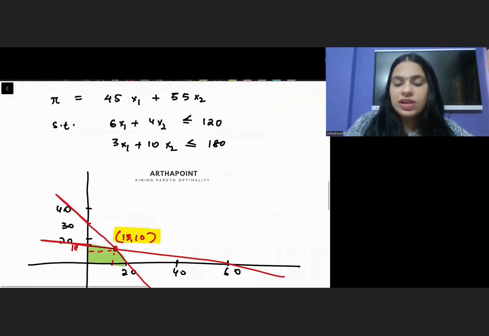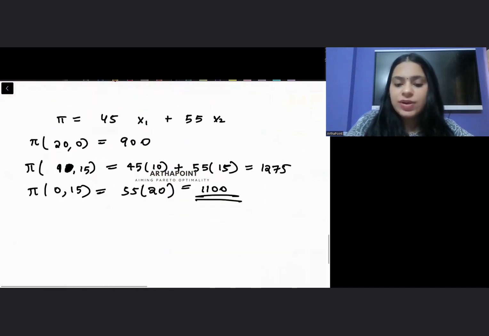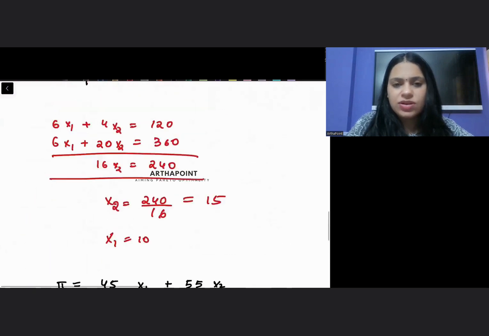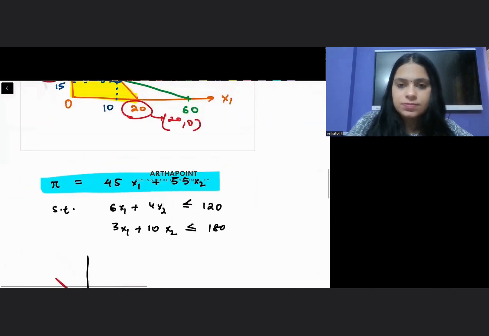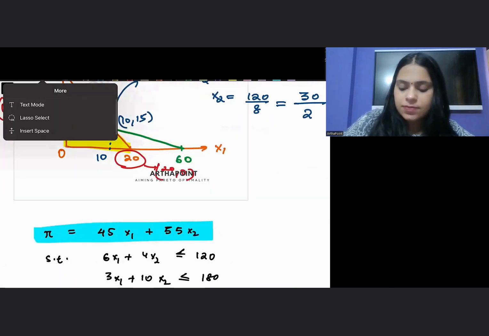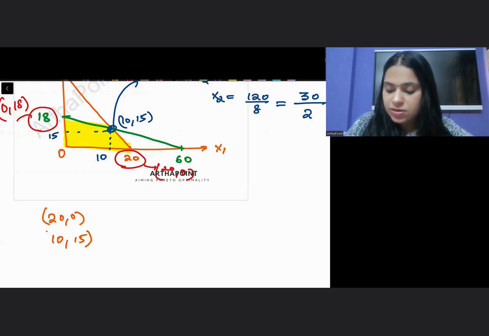Now I need to evaluate the profit function. The profit function is 45x1 plus 55x2, and I need to evaluate it at these 3 points. My points will be 20, 0, 10, 15, and 0, 18.